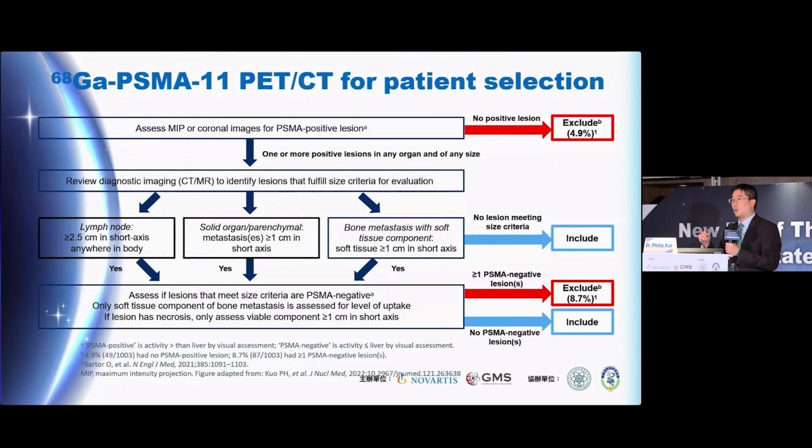If you have lymph nodes less than that size, you don't care what their PSMA status is. One of the nice things about this is that you don't have your readers looking at 30 lymph nodes that are 1.5 centimeters or anything like that. It helps with your reproducibility because you're only caring about lymph nodes greater than 2.5 centimeters. So that really cuts down on the number of lymph nodes you have to assess.